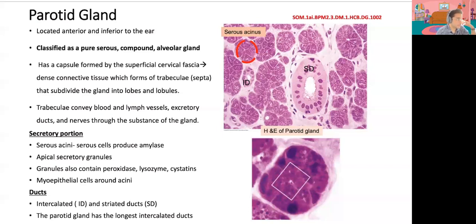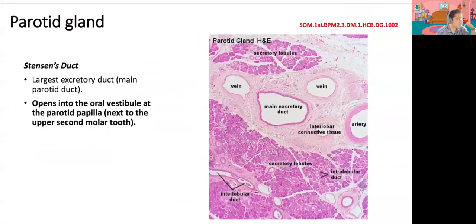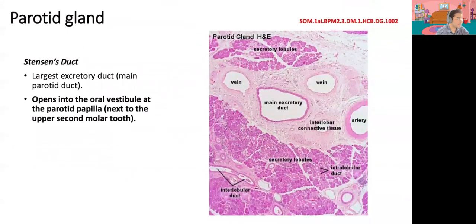Peroxidases, lysozymes, and cystatins are often used to break down food and stabilize your mouth pH in order to deal with incoming food. Buzzword: intercalated and striated ducts are often seen in the parotid glands. If you see the buzzword Stenson's duct, it's the longest excretory duct found in the oral cavity.